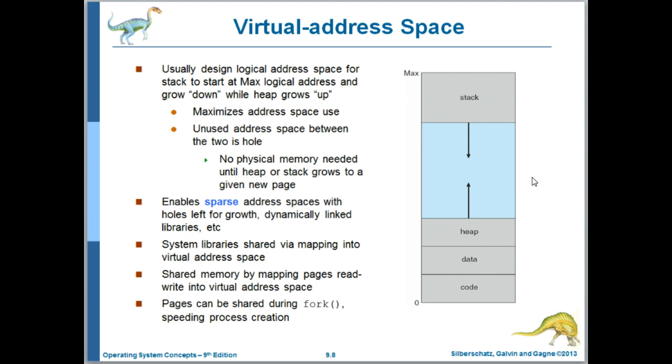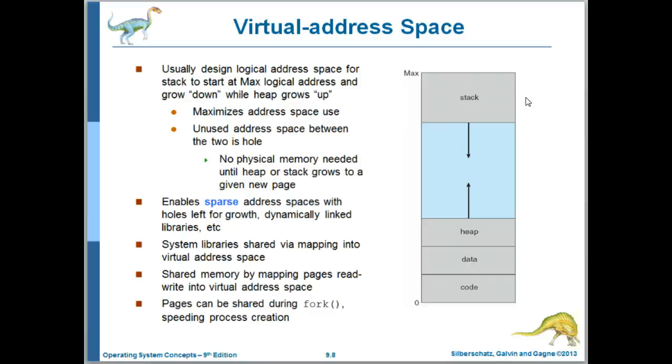In addition, this puts less pressure on the compiler and linker because we can create as large a virtual address space as we need and don't have to worry about wasting space. So we don't have to think about what the maximum size of the address space needs to be. We can just allocate, and that also helps with dynamic libraries.